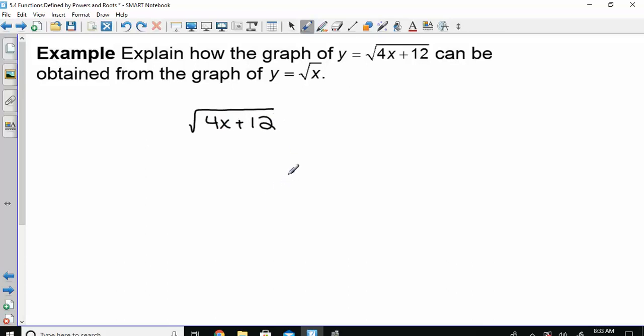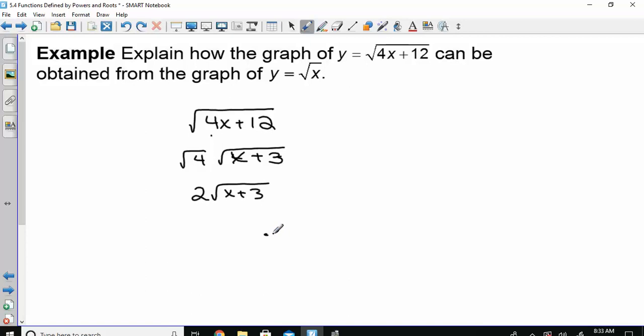My recommendation is to factor this as much as you can first. What could I pull out of here? A 4. Now to bring it out of the radical, it's still a square root of 4. And we have an x plus 3. Yeah, so that becomes a 2 radical x plus 3.